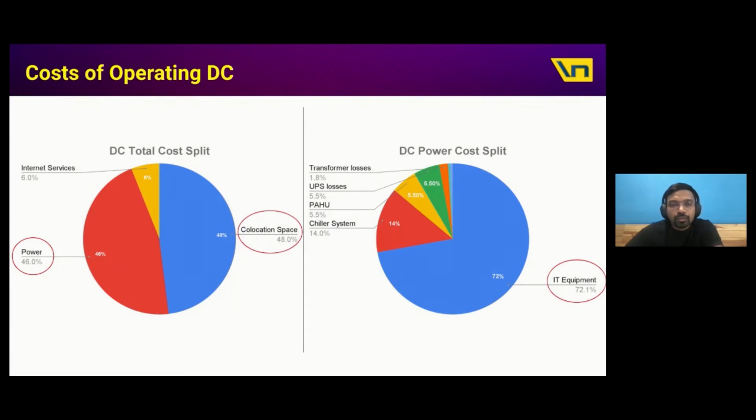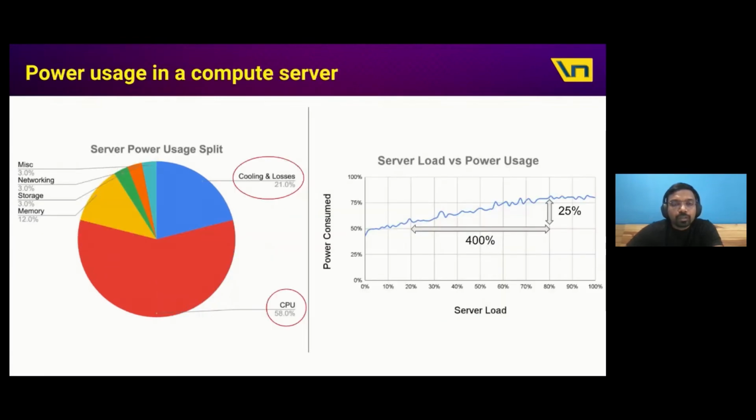Next, if we drill down to the power cost, we can see that more than 70% of it is by IT equipment, which includes the servers, storage, and networking gear. Among those three, compute servers are the majority in numbers and contribute the most to the power usage. So the takeaway is, if we have to optimize the DC power cost, we have to optimize the compute servers.